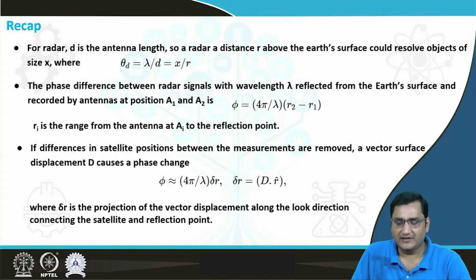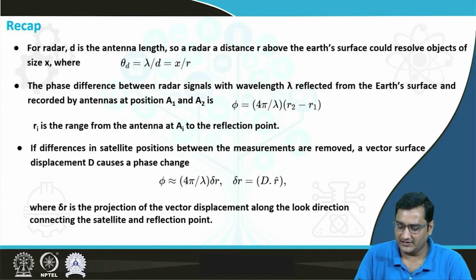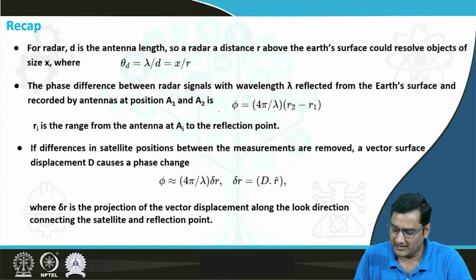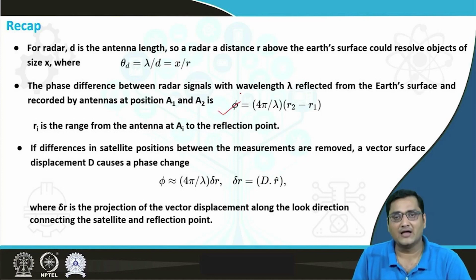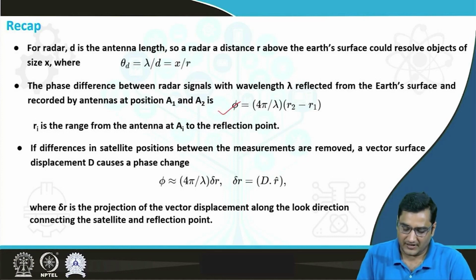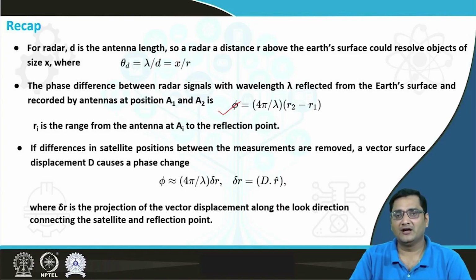The phase difference between the radar signals with wavelength lambda reflected from the earth's surface and recorded by antennas at positions A1 and A2 is given by phi equal to 4 pi by lambda times r2 minus r1, where r is the range from the antenna at Ai to the reflection point.